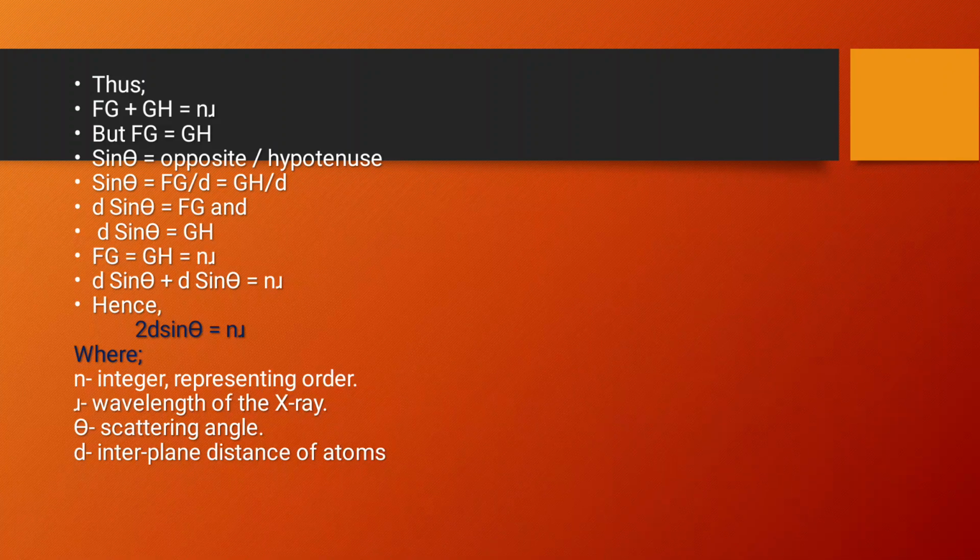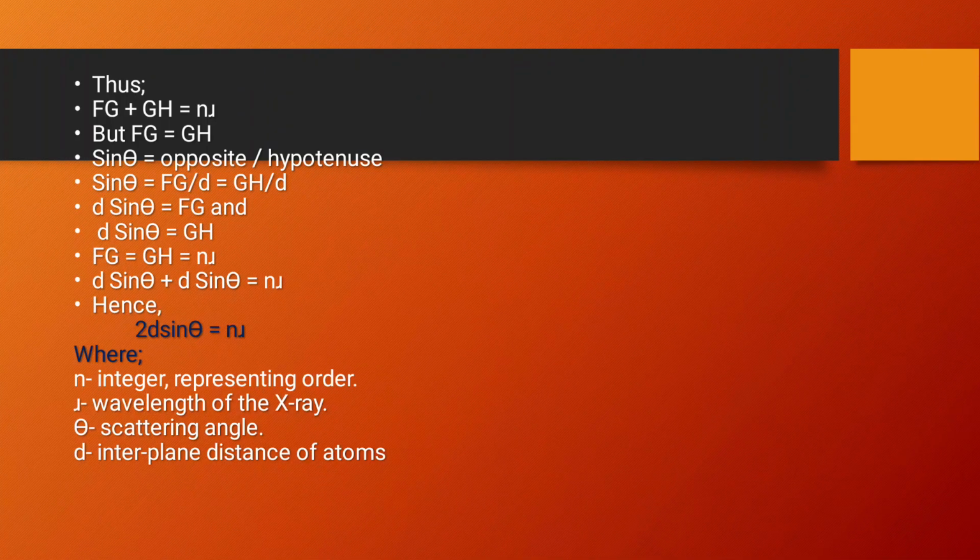We are going to use the trigonometric ratios, SOHCAHTOA: sine, cosine, and tangent. Here we are only going to use the sine. Sine is equal to opposite over hypotenuse. From the diagram, the opposite in the first triangle FOG is FG, and in the second triangle OHG the opposite is GH.